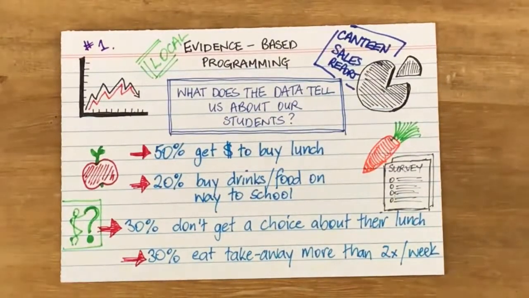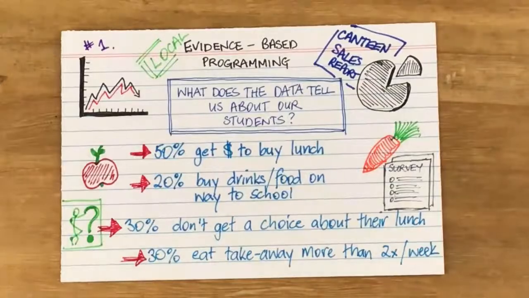And then 30% are actually eating takeaway more than 2 times a week. So that's actually twice the number of people that are actually eating takeaway from the school. So that's something that we need to take into account.